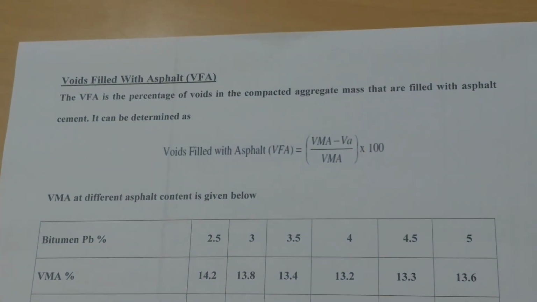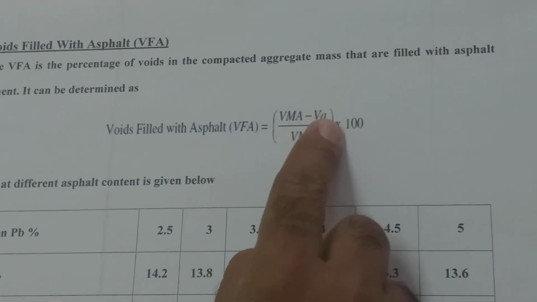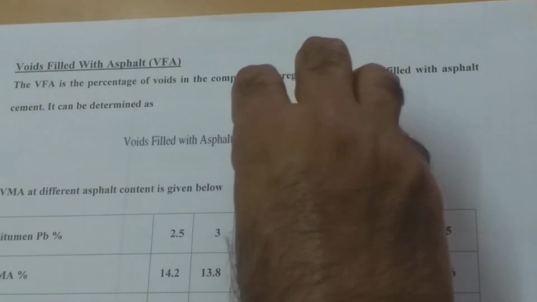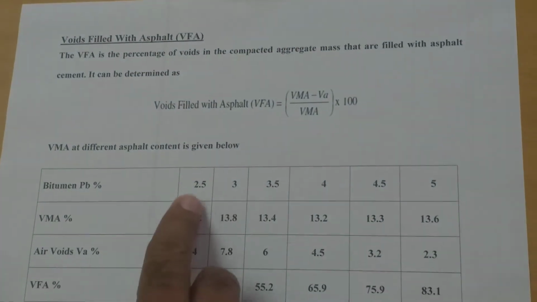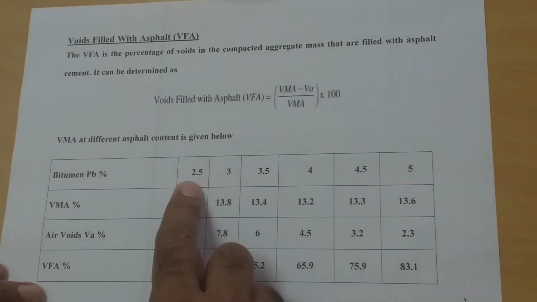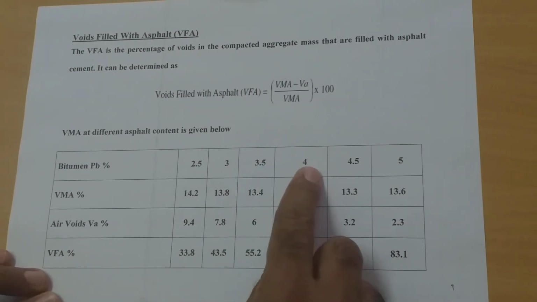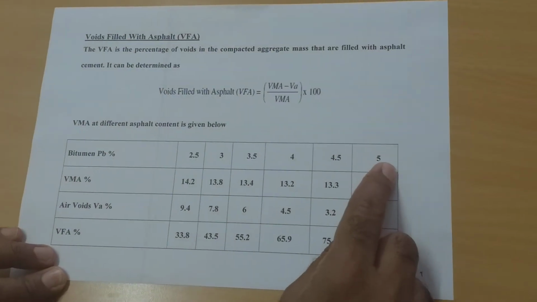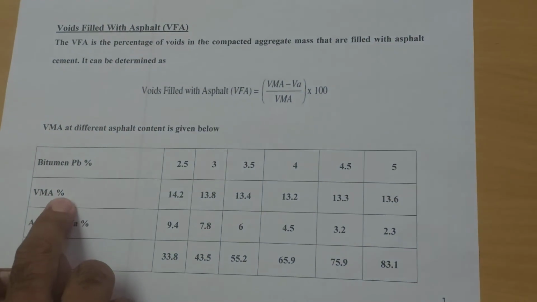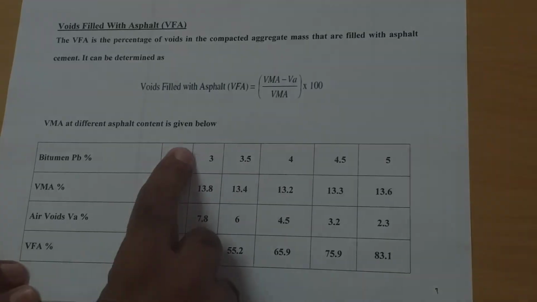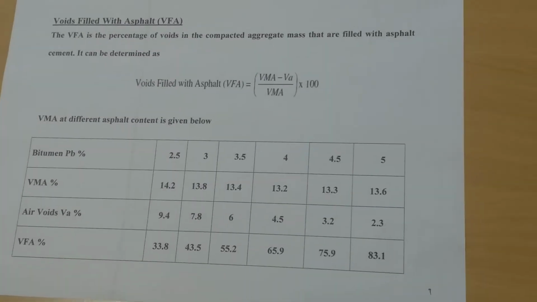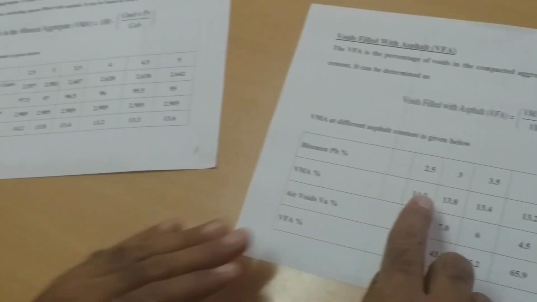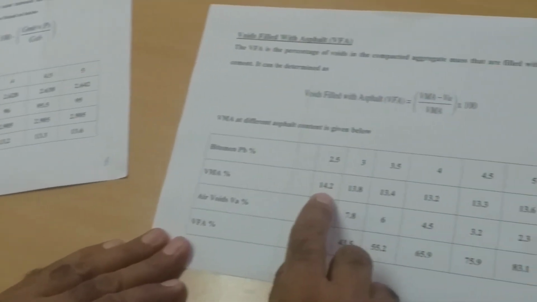So if you look at this equation, it is a combination of VMA and air voids. I will write down these two values at each asphalt content, 2.5, 3, 3.5, 4, 4.5 and 5%. And VMA calculated at each asphalt content in my previous slide is taken over here and I have written it in the same sequence.